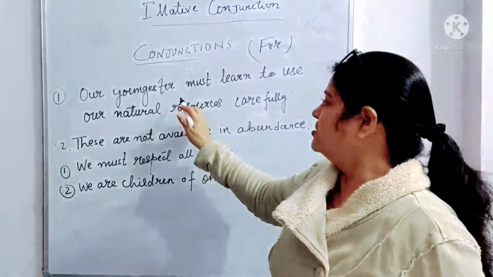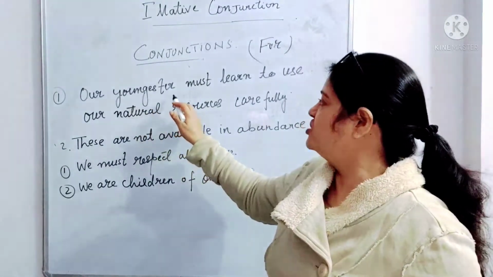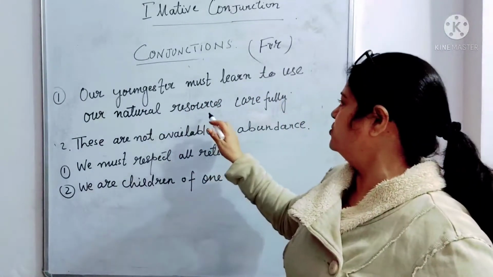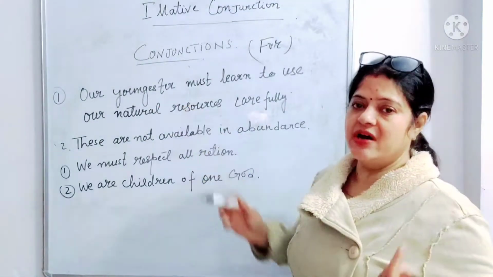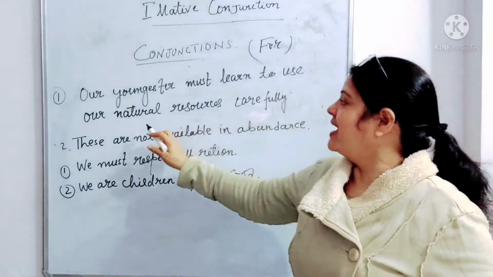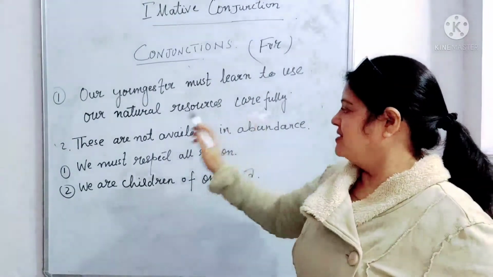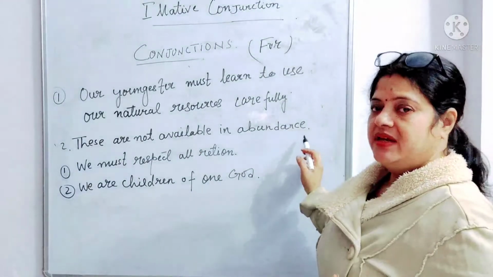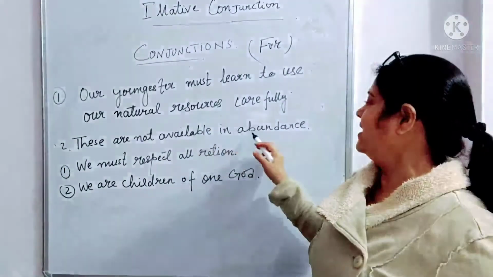The first sentence is: our youngsters must learn to use our national resources carefully. Our youngsters means our young people, they must learn to use our national resources carefully. And the second sentence: these are not available in abundance. These means natural resources are not available in abundance.